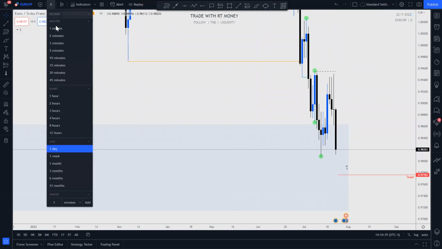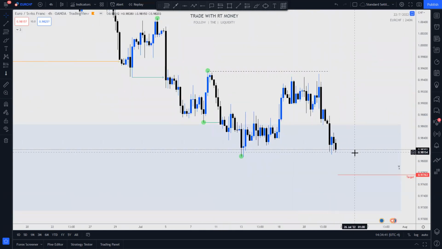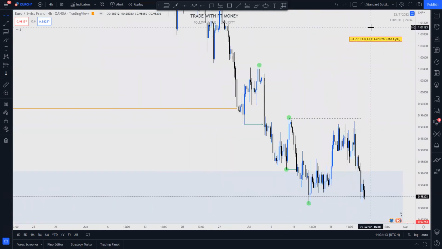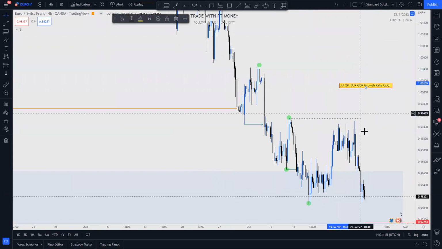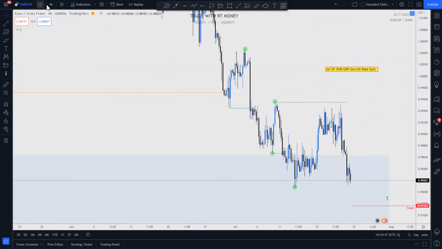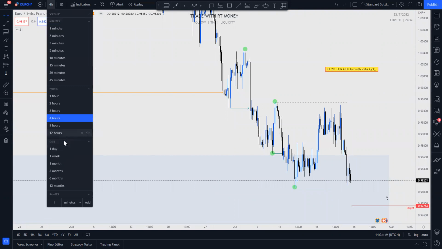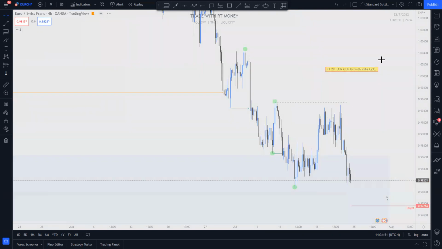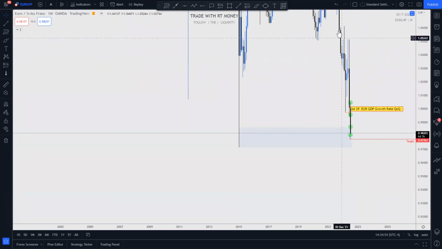So let's look at the 4 hour. This is where we make our money. Now, I want to just give you a brief look at the monthly. Each month has been bearish. Boom, right?